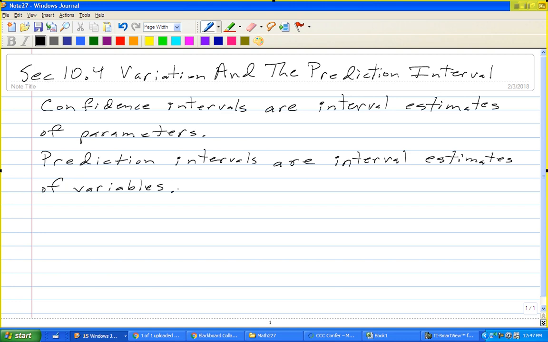Okay. So let me do the prediction interval for y.